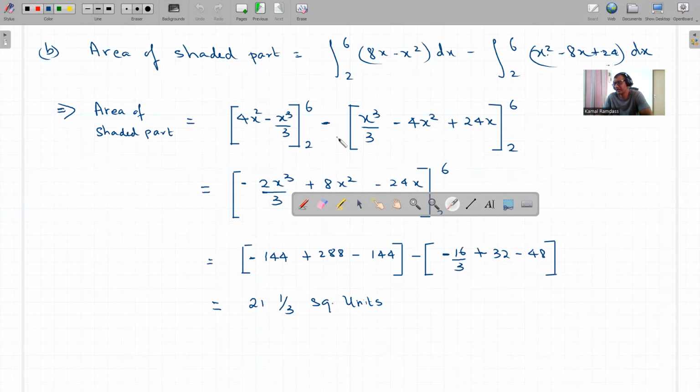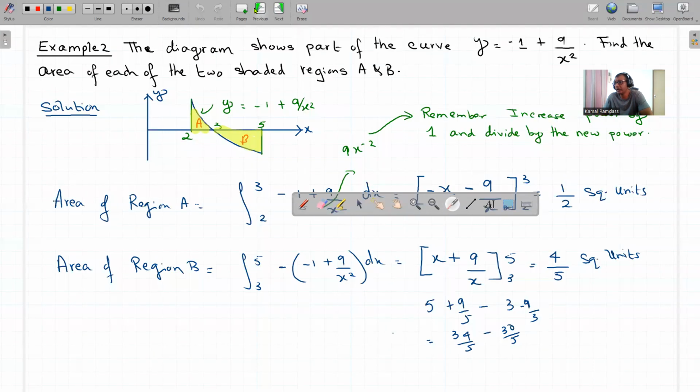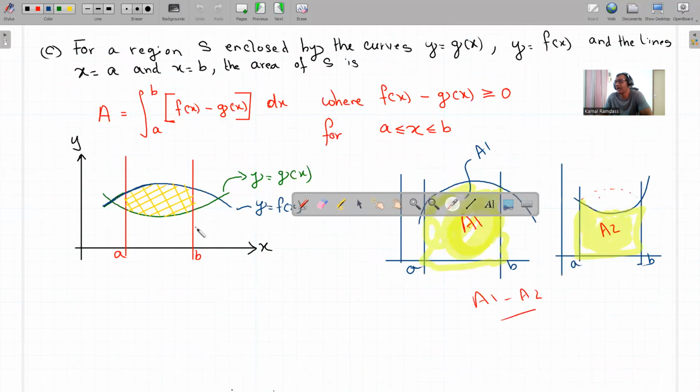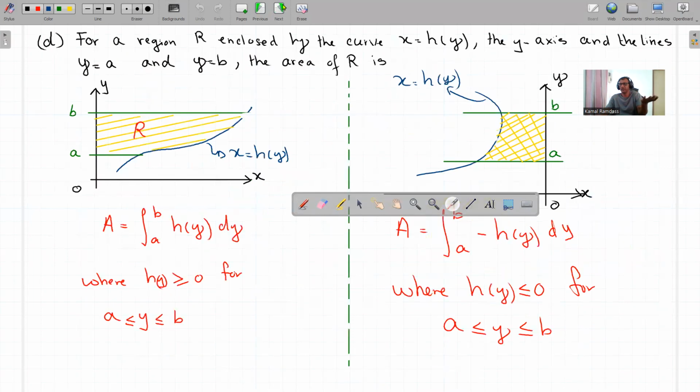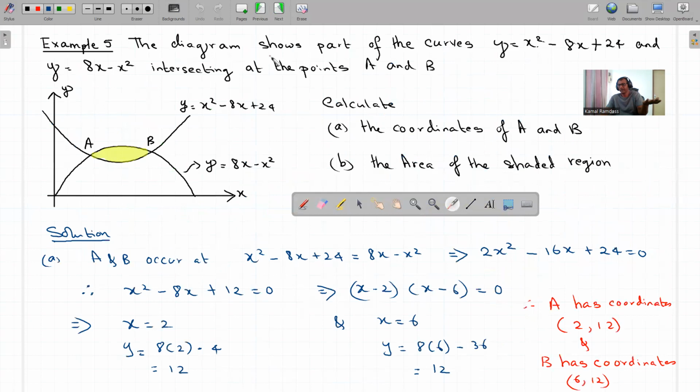Bon, area of shaded part, nous prenons une théorie là. Nous prenons intégration, nous retirons l'intégration de l'autre within the boundary. Integration of the top curve minus integration of the bottom curve. OK. Aussi simple que ça. Top curve, c'est y is equal to 8x minus x squared.